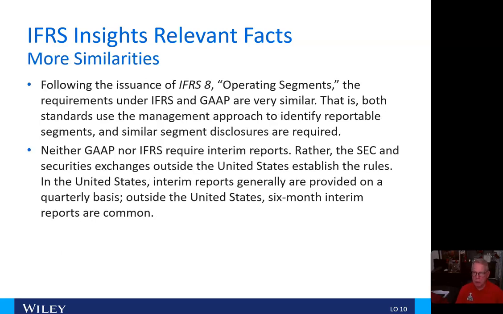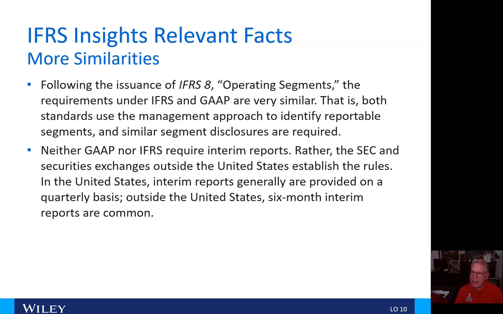There are more similarities, and here, following the issuance of IFRS number 8, operating segments, their requirements under IFRS and GAAP are very similar. That is, both standards use the management approach to identify reportable segments, and similar segment disclosures are required.